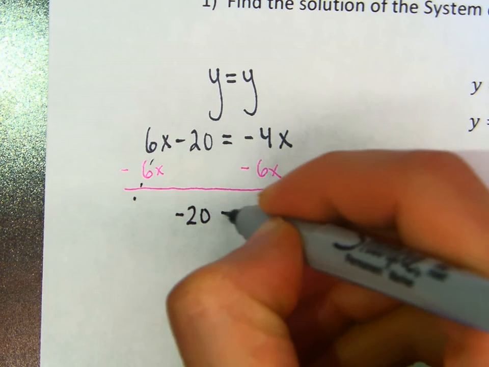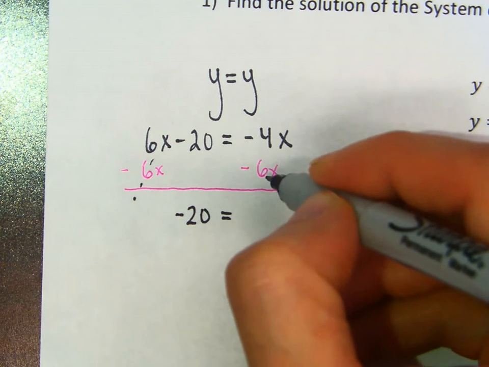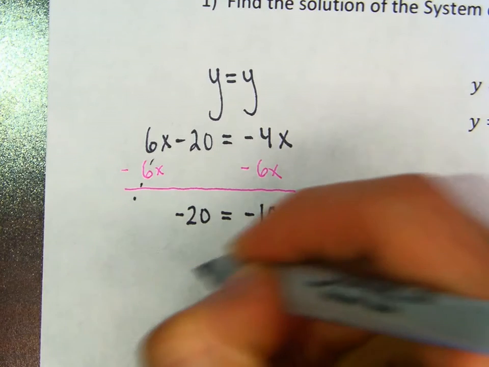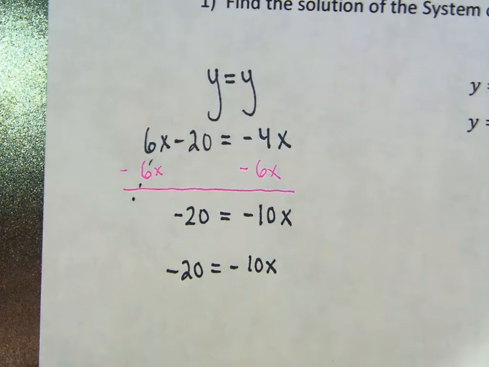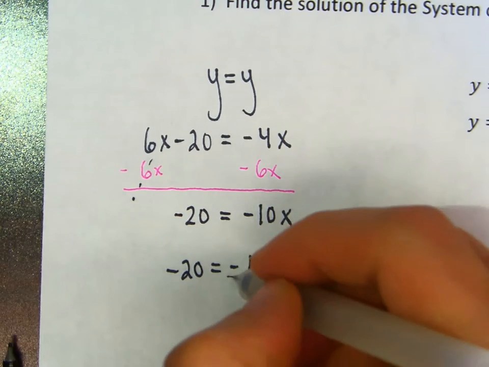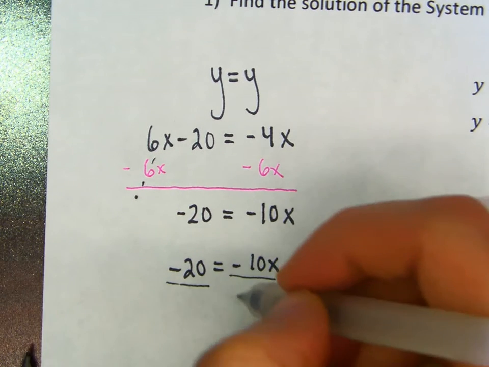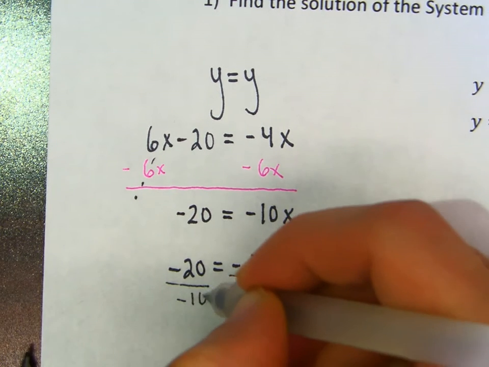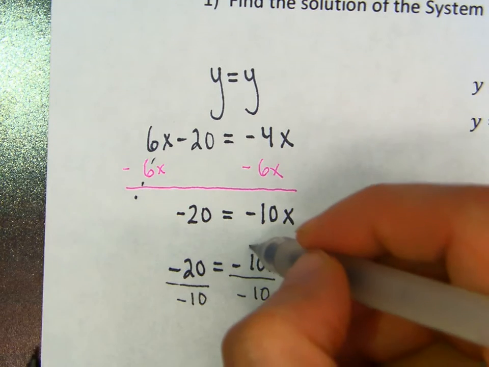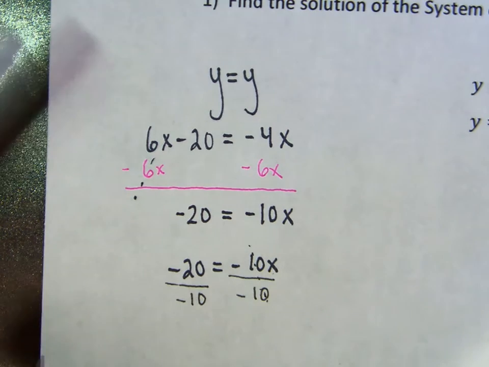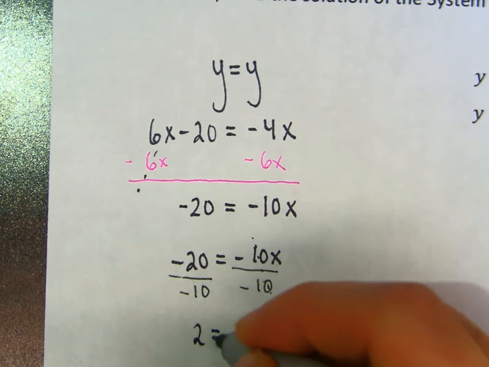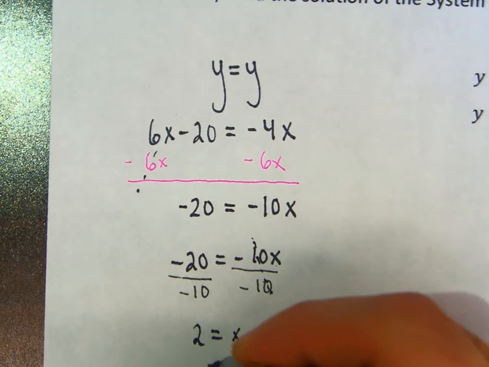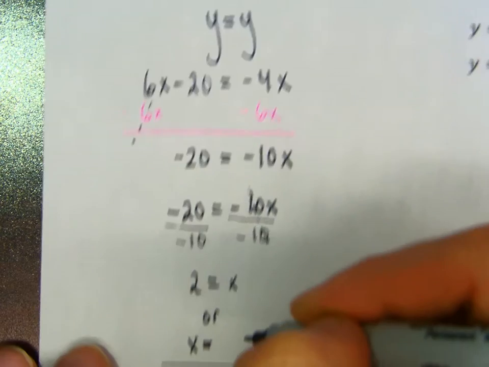This is negative 20 is equal to negative 4x minus 6x, which is negative 10x. So if I have negative 20 equals negative 10x, what would be the final move to get x by itself? You can divide both sides by negative 10. This cancels, and what is negative 20 divided by negative 10? This is positive 2 is equal to x. Or you can say x is equal to 2.